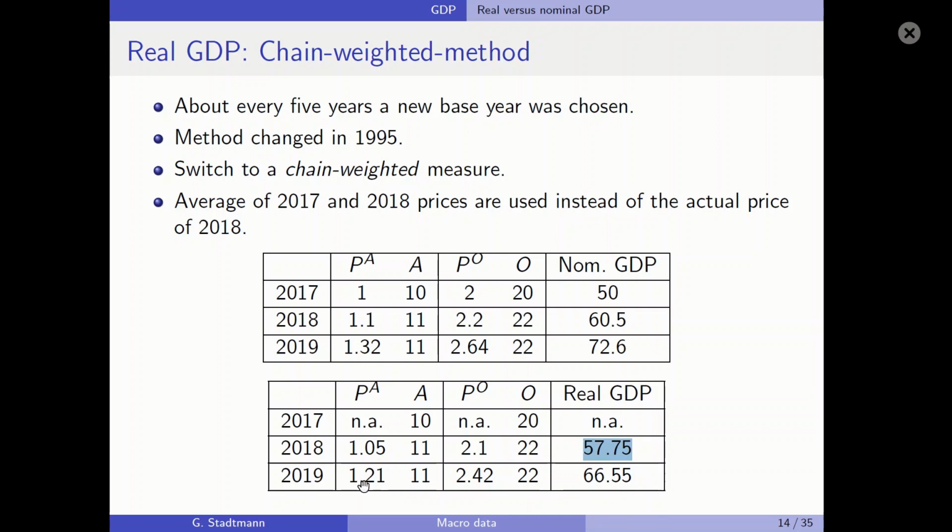Also here, in the year 2019, we have to compute the average between the price in 2018 and 2019. The average between these two numbers here is 1.21. And when we have done that for apples and oranges, then we can also determine the real GDP.